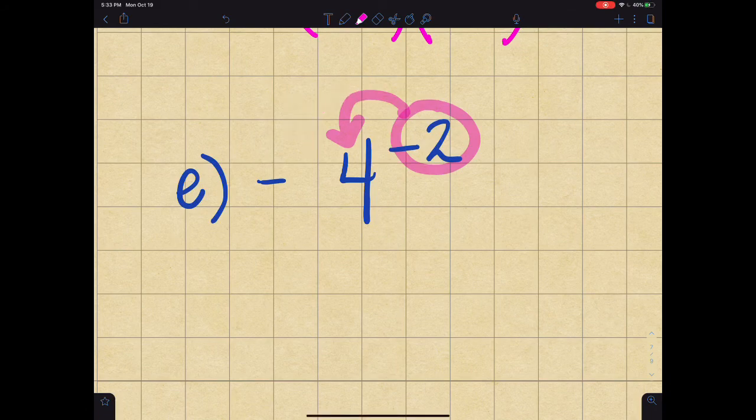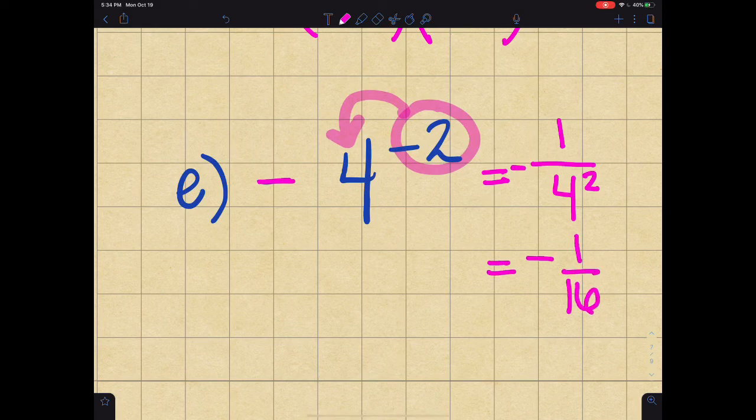So what I would do is just imagine it only with the 4. So it's 1 over 4 squared. And then I bring that negative sign and put it in front of that whole thing. It really doesn't matter if I put it over the top or the bottom. The answer is going to be negative 1 over 16.